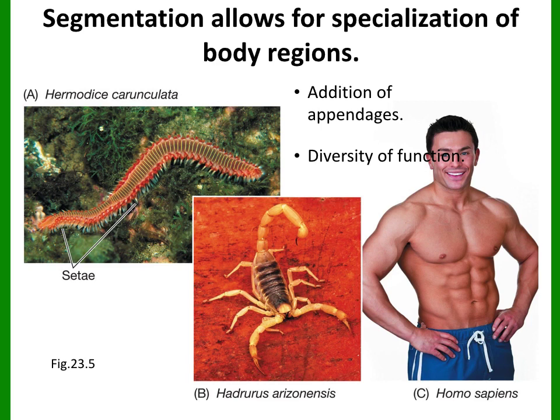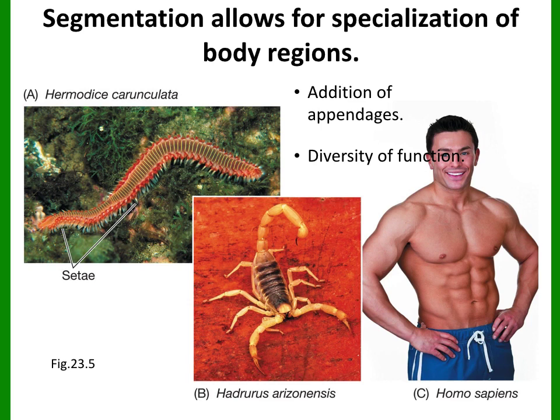But what we see throughout animals is that once segmentation evolved, different animal groups modified those segments to specialize. So the idea is that if you have many of the same element, if something goes wrong with one of them, you still have the other elements that are exact copies of it to make it work. So in something like this millipede, it has many of the same segments repeated.